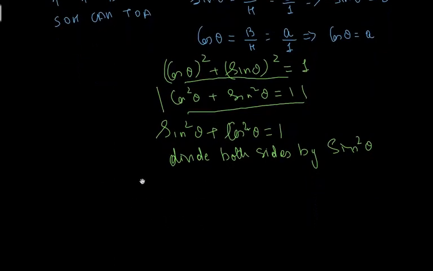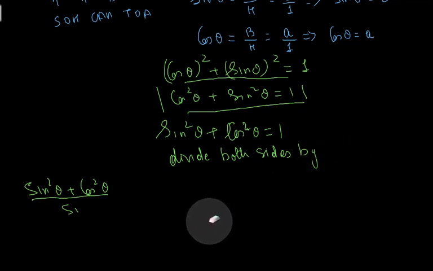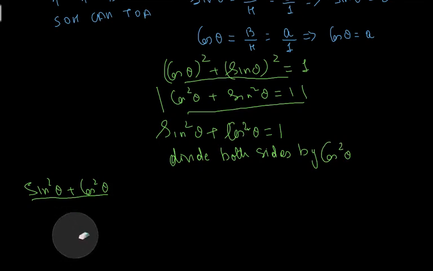Now what it makes is, let's use this space. Sine square theta plus cos square theta, this all gets divided by sine. I'm sorry. We have to divide it by, in fact, we could have divided by sine square theta as well, but let us divide it by cos square theta. Okay. Let's make the change here as well.